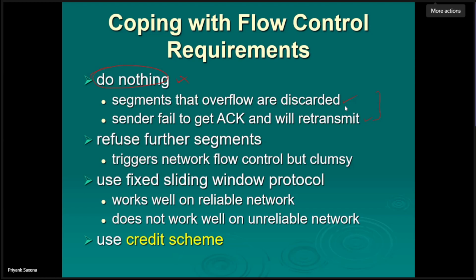So refusing further segments means conveying the information towards the source that I cannot deal with this flow, kindly slow down. So it basically triggers network flow control, but it is clumsy, because you may not get the instant results.